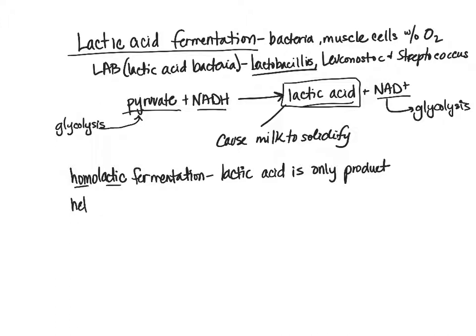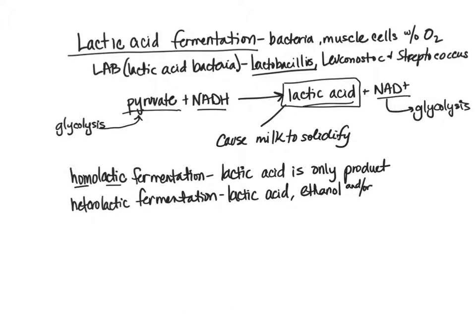However, we do have heterolactic fermentation. Hetero meaning other, and in this case it produces lactic acid, of course, still, but it also produces ethanol and/or acetic acid and carbon dioxide.